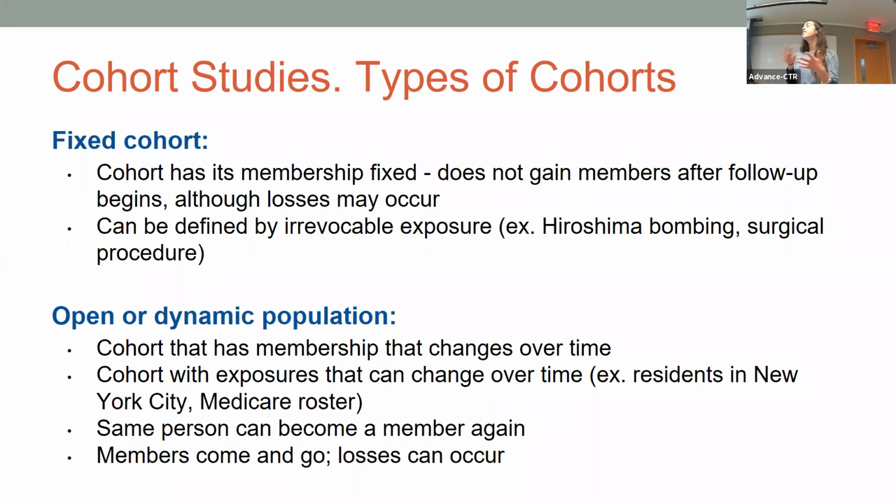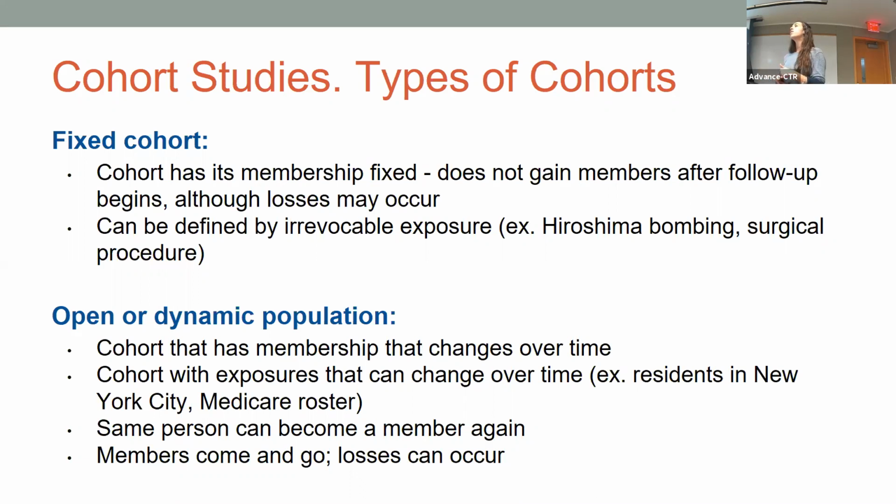So there's many different types of cohorts, but here I've just included the definition for two of these. Some cohorts can be considered fixed and others are considered to be more open or dynamic. So a fixed cohort is one where new members are not added after the follow-up period begins, but it is possible that you lose members after a certain amount of time.